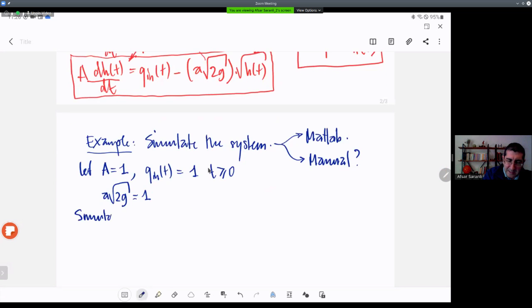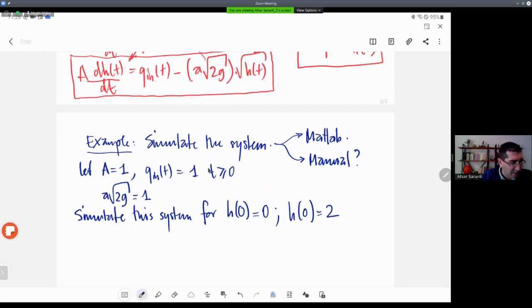So what we are asking is to simulate this system for h at 0 is equal to 0 and h at 0 is equal to 2. Okay, so two different initial conditions.